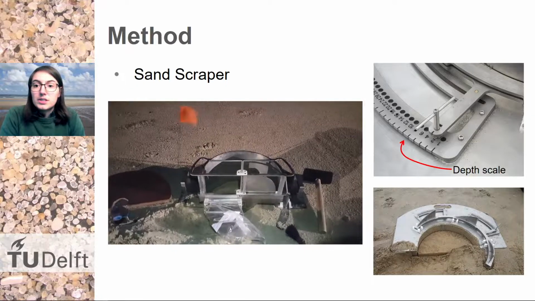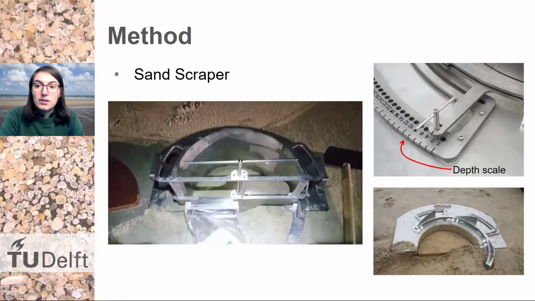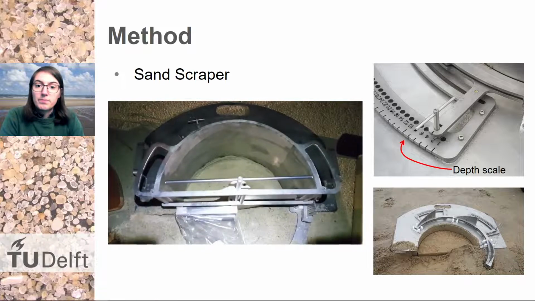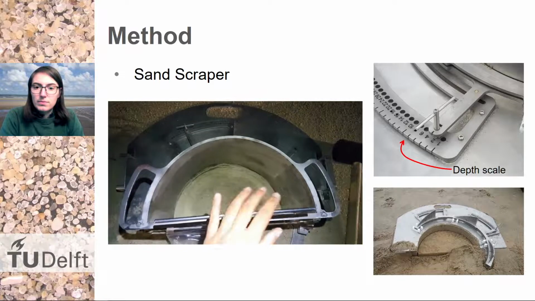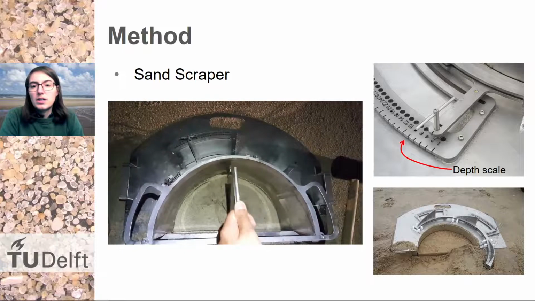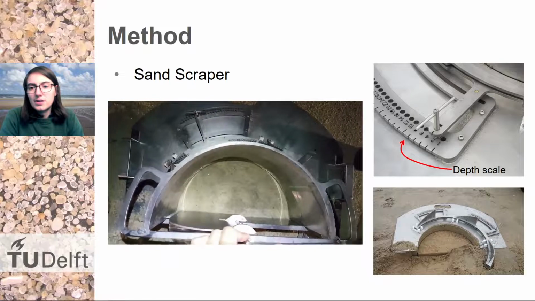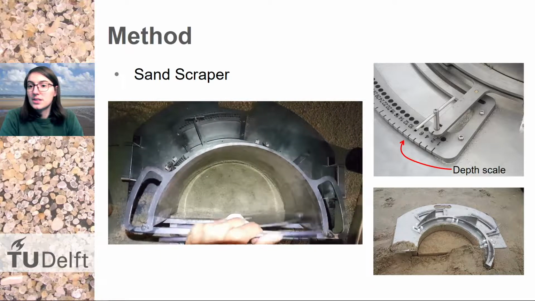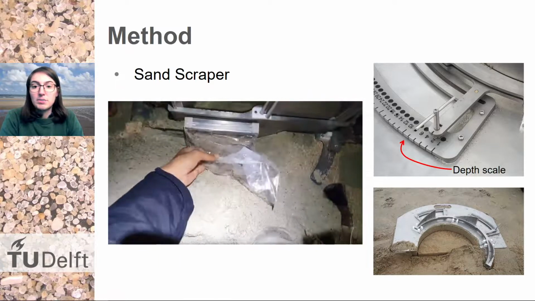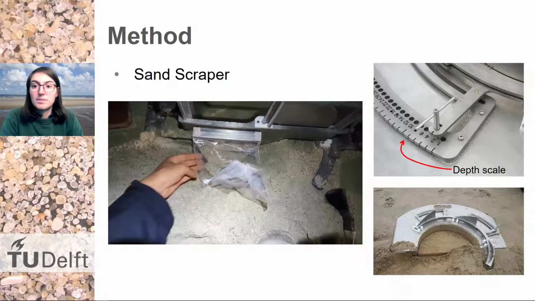What you can see in this movie is that we're scraping off the upper layer of the sediment surface. I move the scraper around, and we're scraping off the sediment that gets collected in a sampling bag so we can take it to the lab and analyze the grain size.